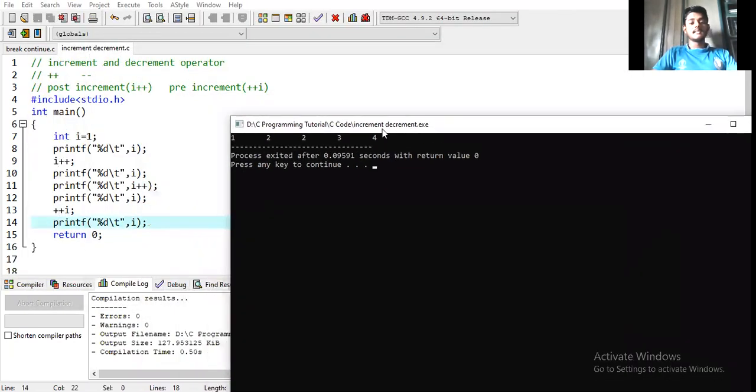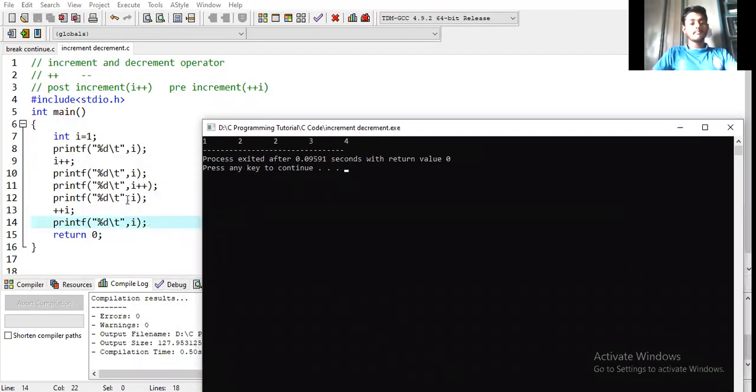See, it is printing 4 because here the value of i is 3. After that I have written plus plus i. That means first 3 will be incremented by 1 and then i will be used. That's why plus plus 3 is equal to 4 and then 4 will be used. So nothing else has been done here.